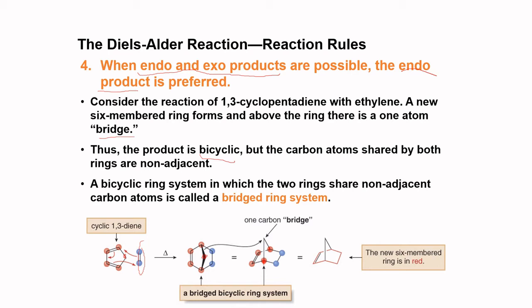A bicyclic ring system in which the two rings share non-adjacent carbon atoms is what we call a bridged ring system. So this is a bridged ring system because it forms like a bridge in between these two molecules.